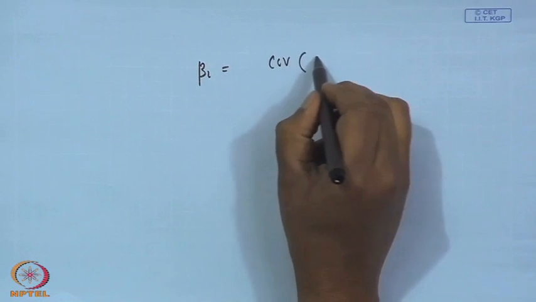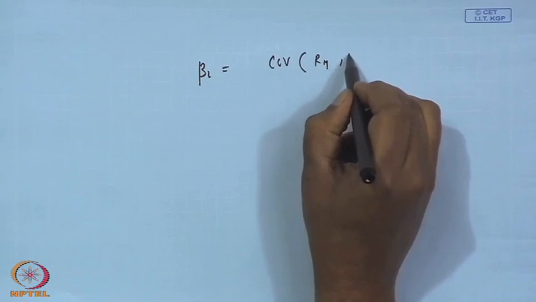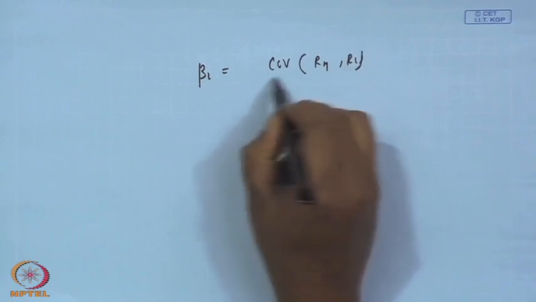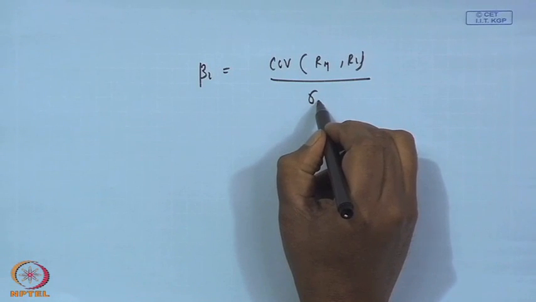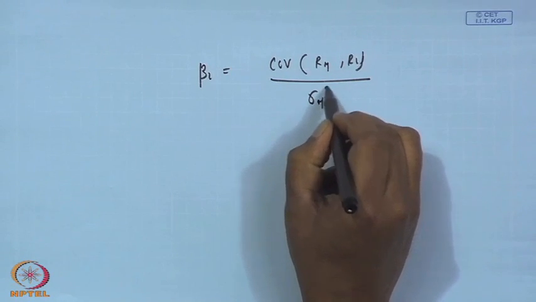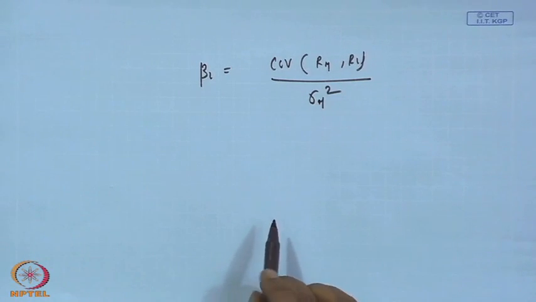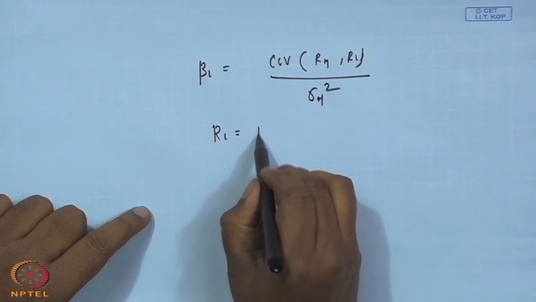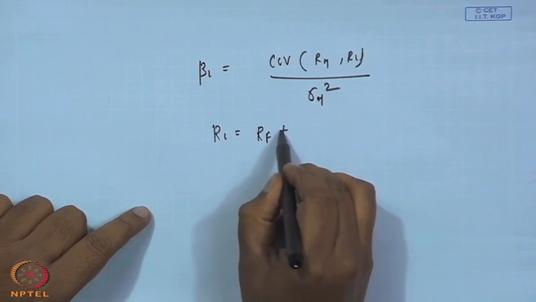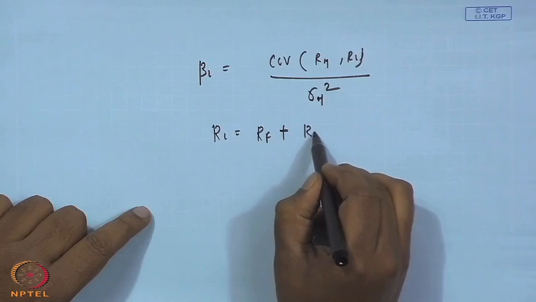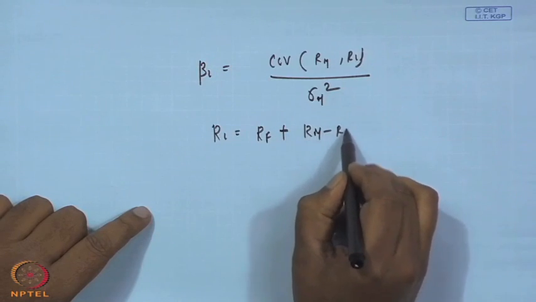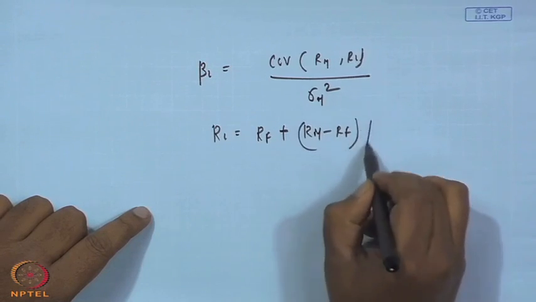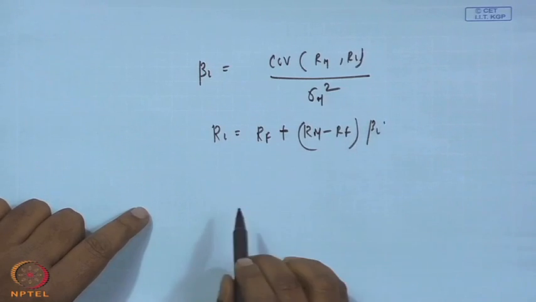of the market and the company's return, divided by the variance of the market risk. Here Ri, the cost of equity, will be the risk-free interest rate plus the market interest rate minus the risk-free rate, times the beta of the equity.